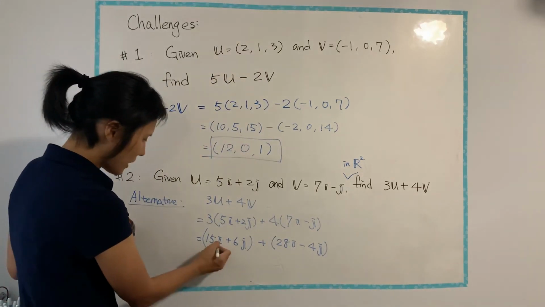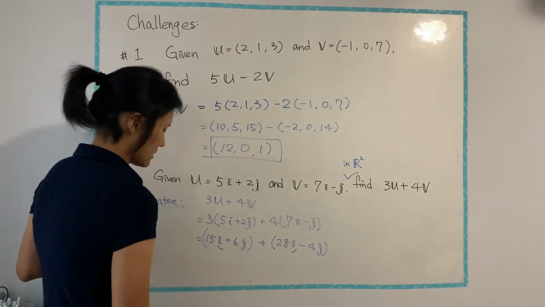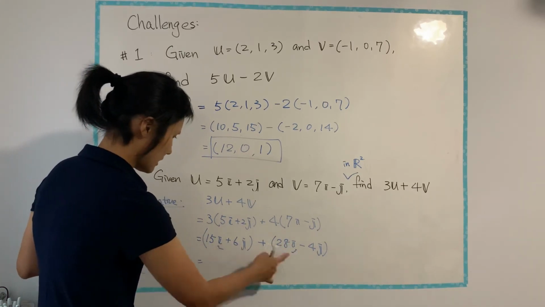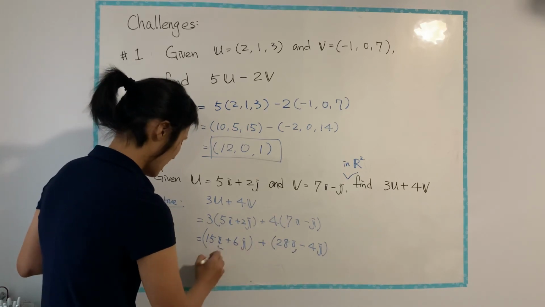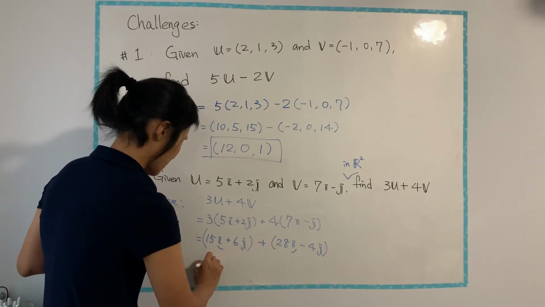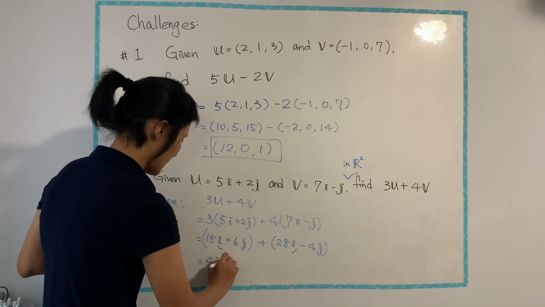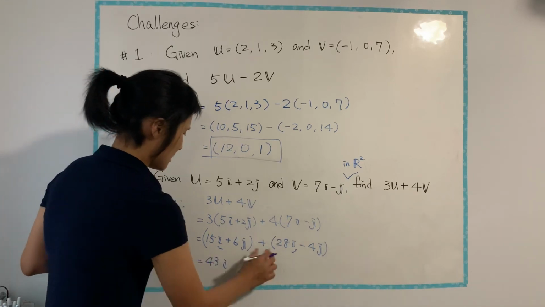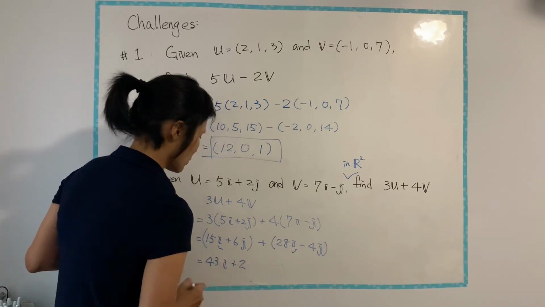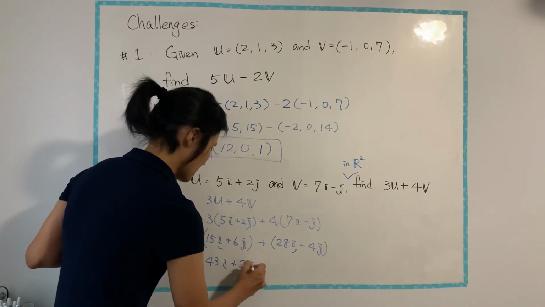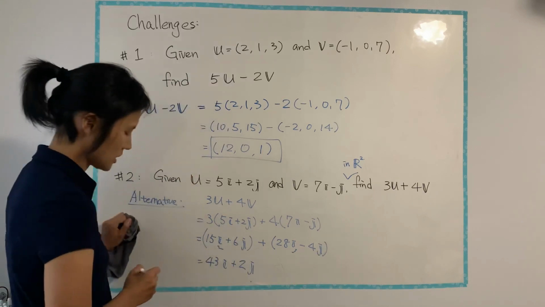Now I can combine the parts that have i. Altogether I have 43i, and for the j I have 6j minus 4j, so altogether it's 2j.